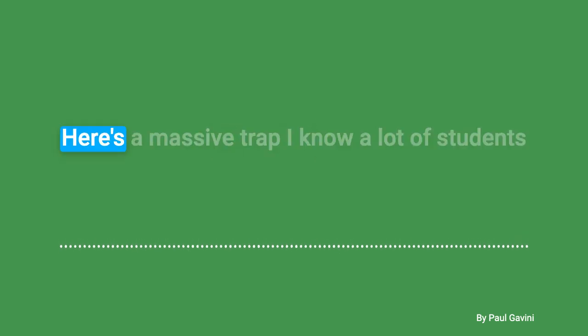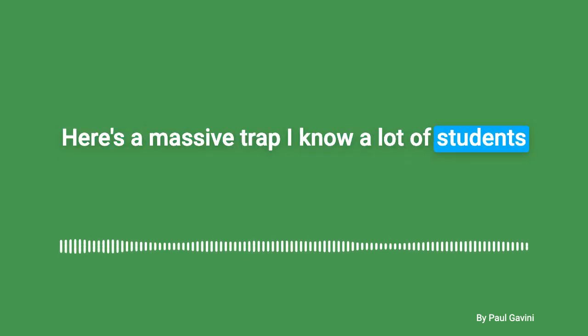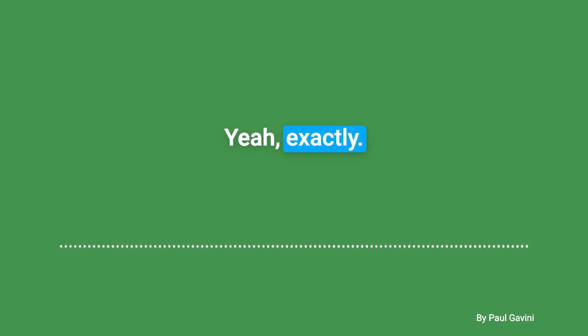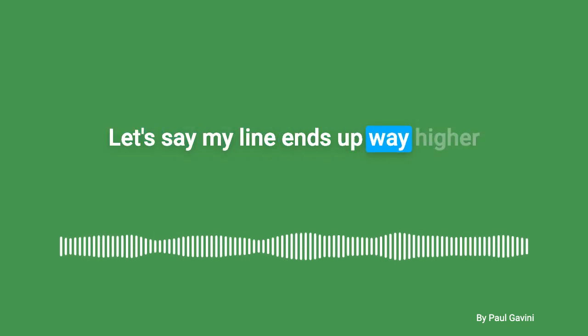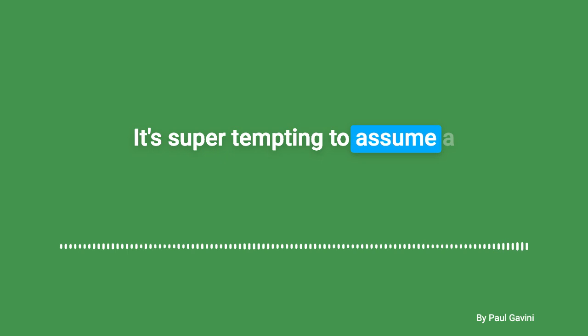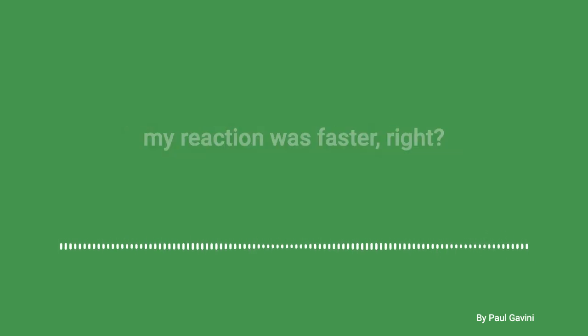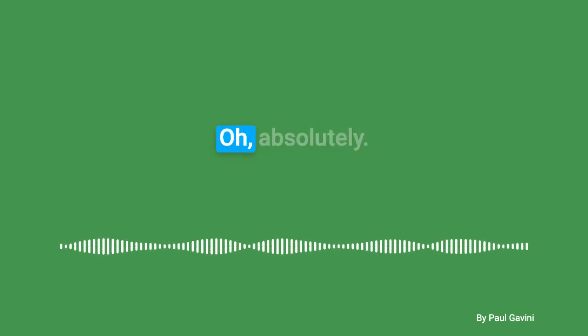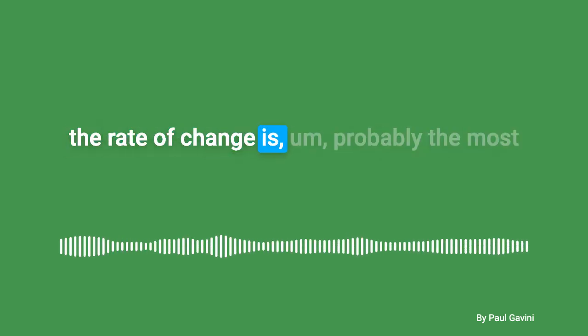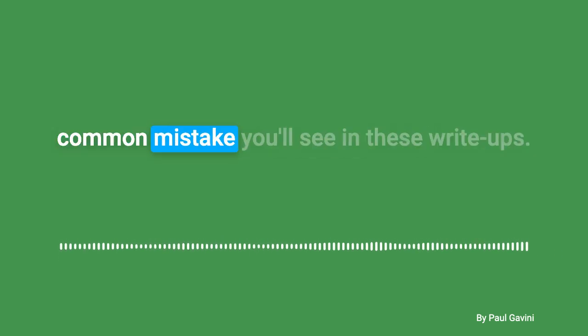Okay, but wait. Here's a massive trap I know a lot of students fall into when they're comparing these graphs. Oh, the height trap. Exactly. Let's say my line ends up way higher on the chart than a classmate's line. It's super tempting to assume a taller graph automatically means my reaction was faster, right? Oh, absolutely. Confusing the total amount of change with the rate of change is probably the most common mistake you'll see in these write-ups.